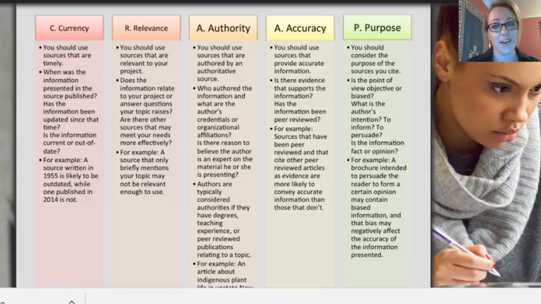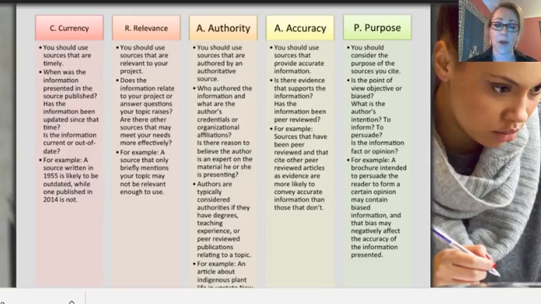The second A in our CRAAP test stands for accuracy. Sometimes this feels like it should go without saying, but sometimes it can be more challenging to determine the accuracy of a resource that we're using. We want to make sure that the information we're basing our argument on is credible and accurate. We don't want to have outlandish claims.